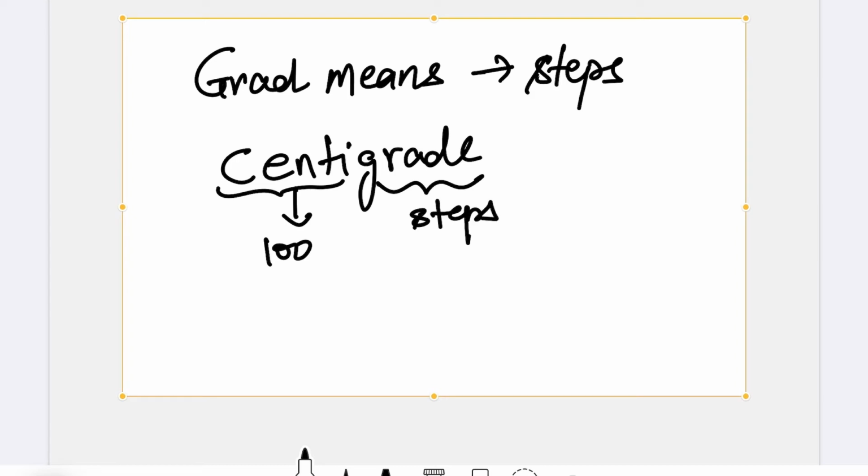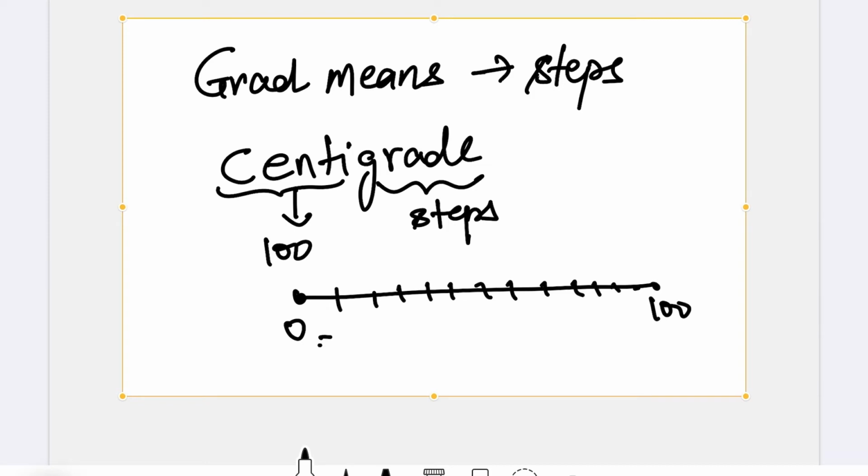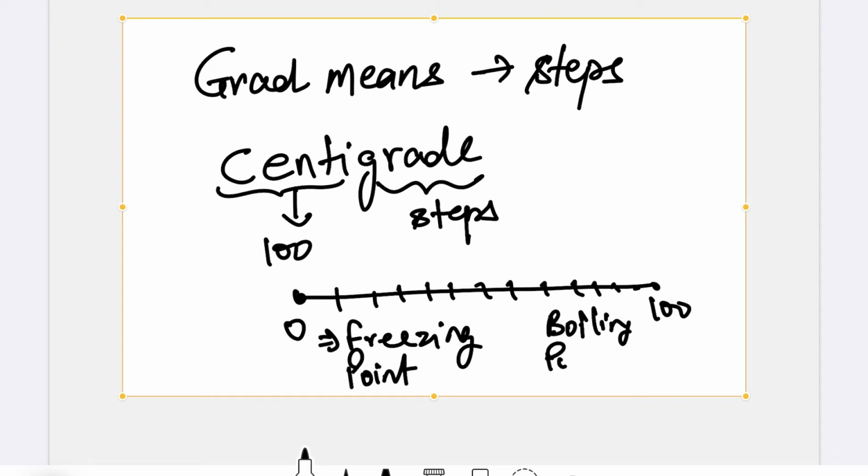Okay, actually in terms of water, when we say we have divided this portion from 0 to 100 in 100 different steps, where 0 is called the freezing point and 100 is the boiling point of water.